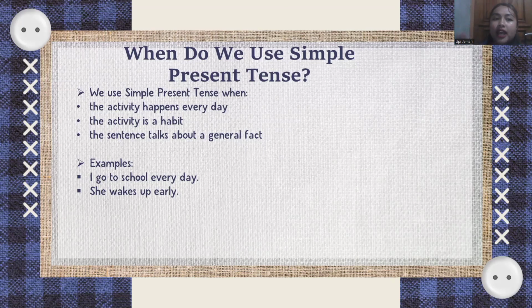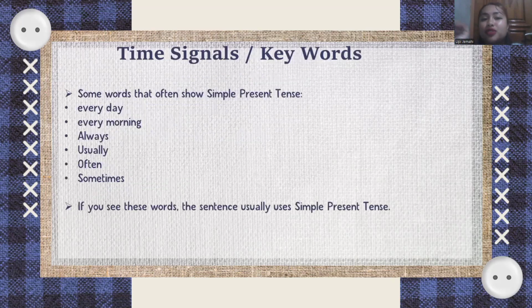And move again, let's see the time signals, or keywords. The time signals help students determine simple present tense more easily. Some common time signals are every day, every morning, always, usually, often, sometimes.